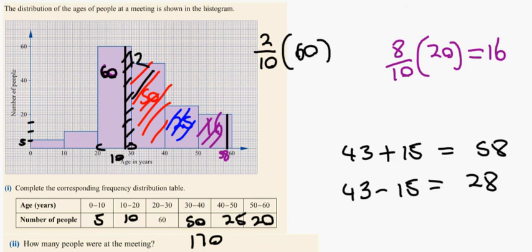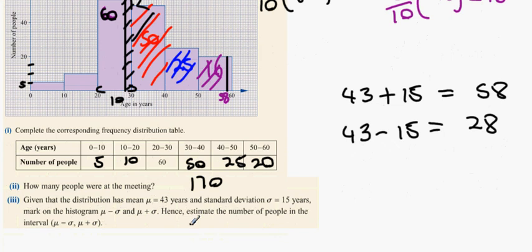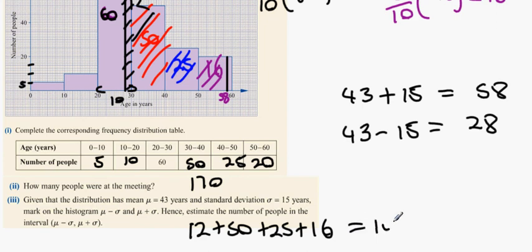So our answer is going to be 12 plus 50 plus 25 plus 16. That's going to be 41 plus 50 is 91. 91 plus 12 is 103 people. There's 103 people in the entire region.